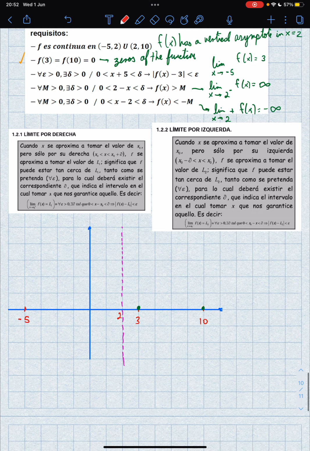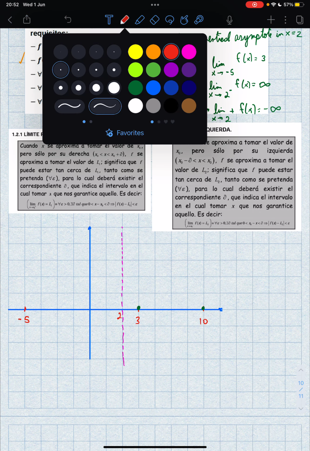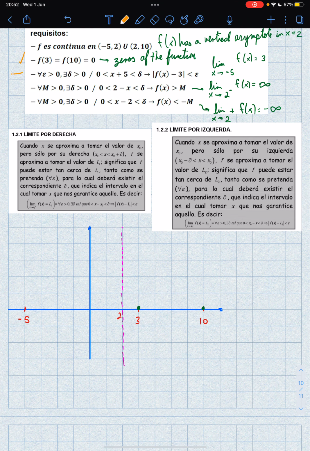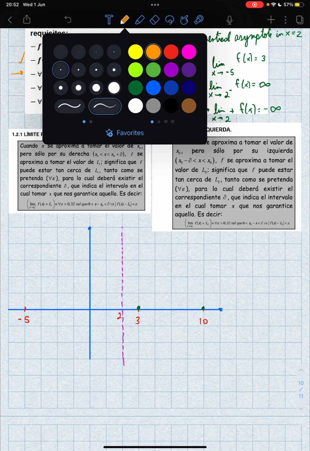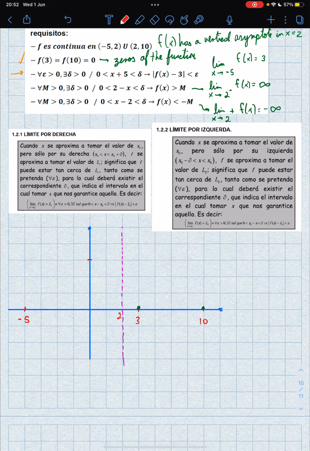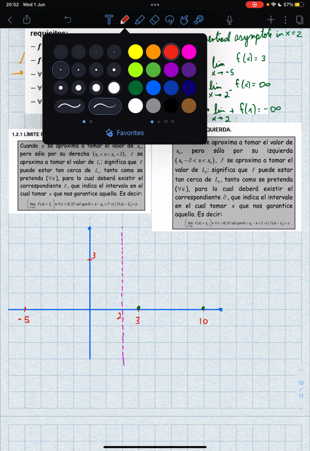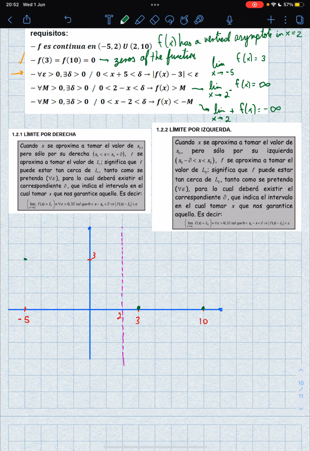Thanks to these requisites, look here, it says the limit when x goes to minus 5 is equal to 3. Perfect. So I'm going to say 1, 2, 3, let's say here, at minus 5. So the graph starts over here.